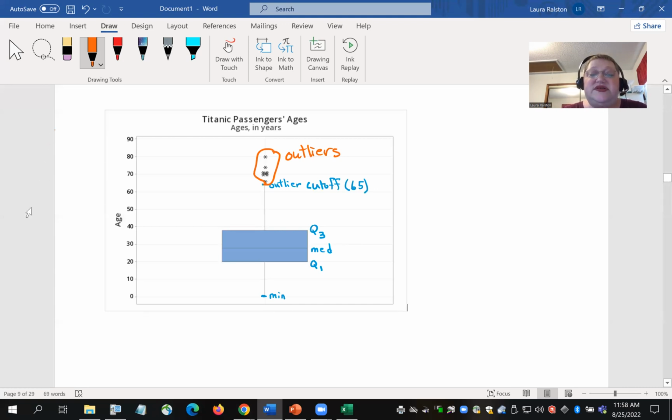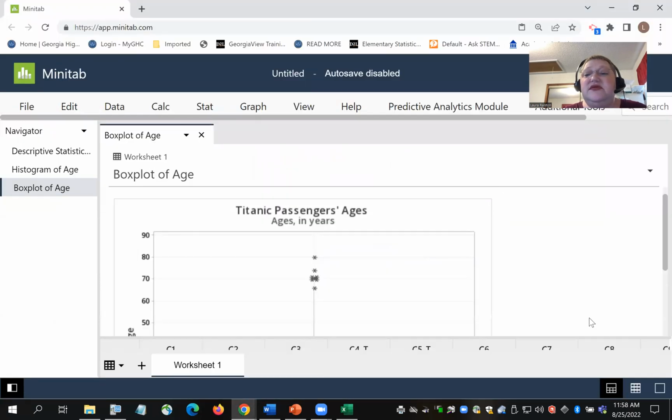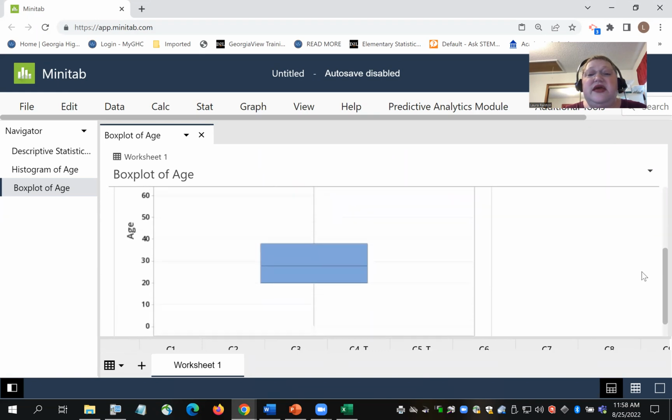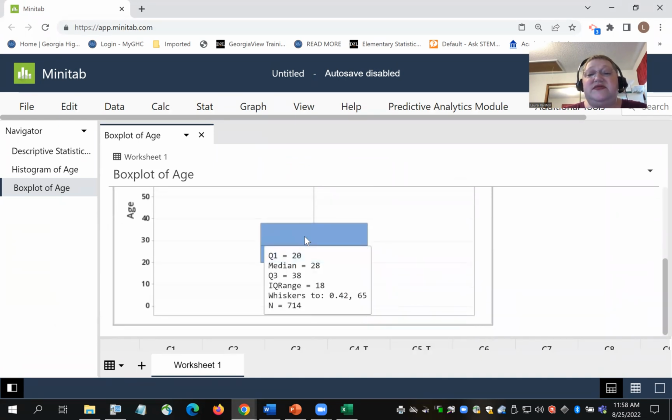I want to show you something too, though. The box plot, again, even if you haven't calculated those descriptive statistics, if you hover your mouse, for example, over this rectangle, notice it gives you the information.